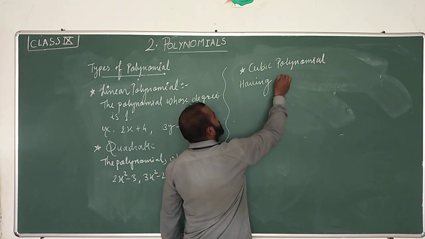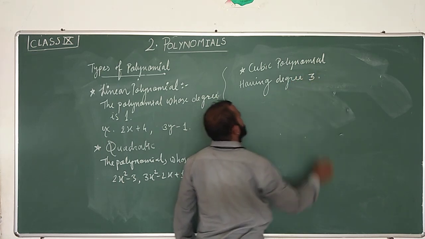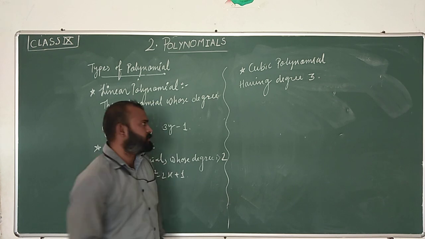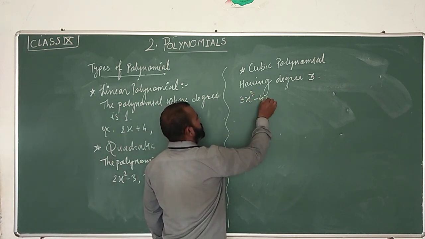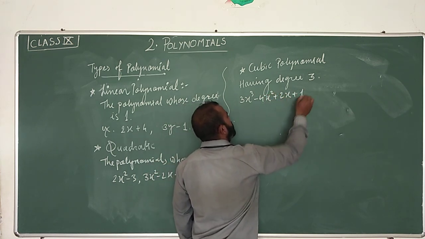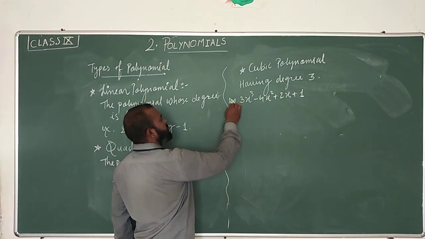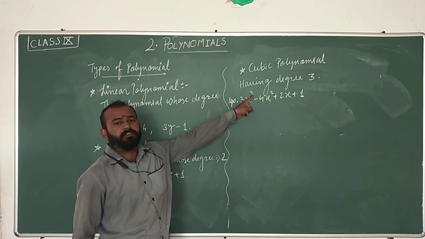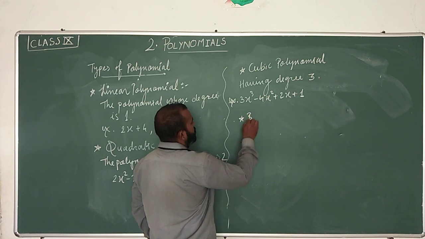Okay, example: 3x cube minus 4x square plus 2x plus 1 is the example of cubic polynomial. See, what is the highest degree here? 3.